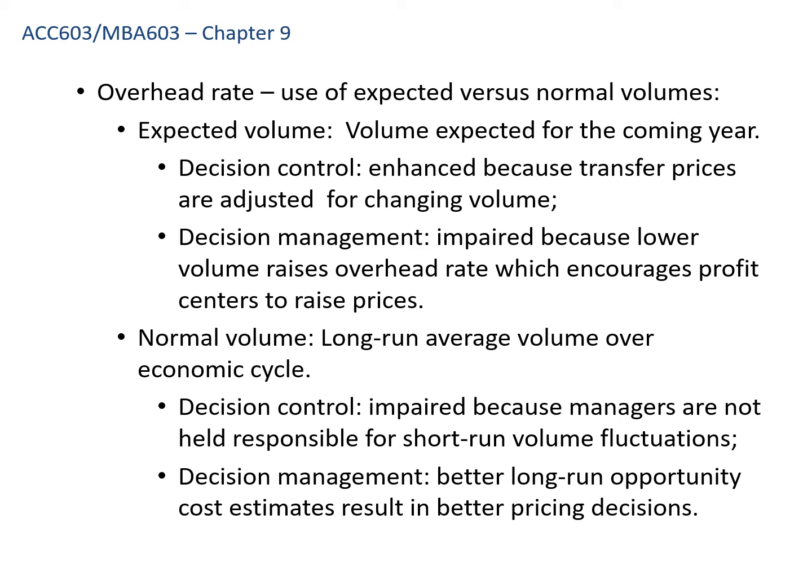So now you're spreading the same overhead over fewer items. That makes you look less profitable for each item, which triggers you to raise your prices, which might be the exact opposite thing to do when you're facing new competition. So using the normal long-range volume versus the short-term expected can avoid that particular pitfall.